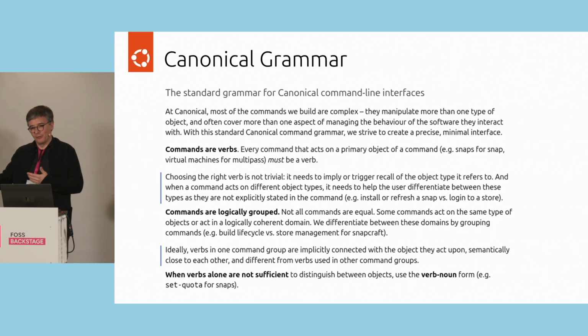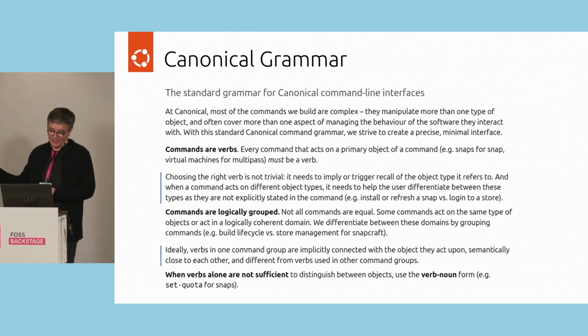And then if we want to go deeper and add lots of functionality, then we also add a name, an object, to the verb. So that's for the more complex commands. And this is something that we put out as an internal rule, and it helps us limit the extent of a command and thus create a clearer shape.